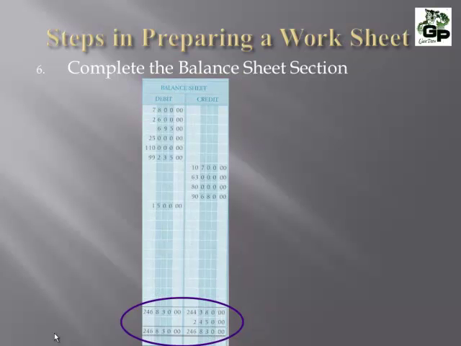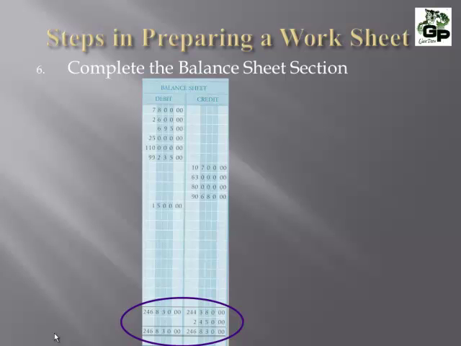Step 6, we complete the balance sheet section, which has the same features as in the income statement. We total up the debit column and we total up the credit column, and in this case we notice that the debit column is greater, 246,830. The credit column is 244,380. The difference between those two is the net income.